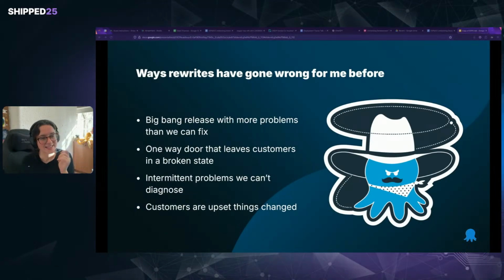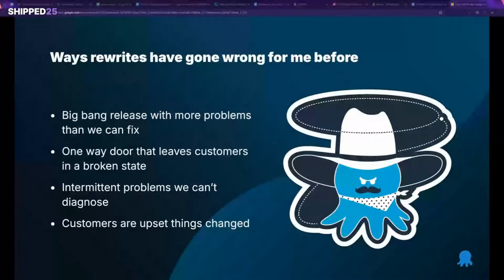So things that I personally have seen, a Big Bang release where you have more problems than you can fix. Something where you have chosen to do some sort of one-way door, where you can't actually get customers back to the stability where things were working before.